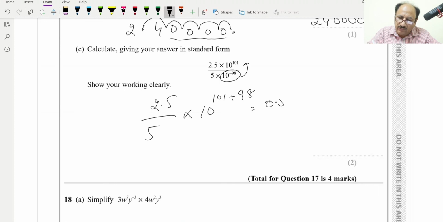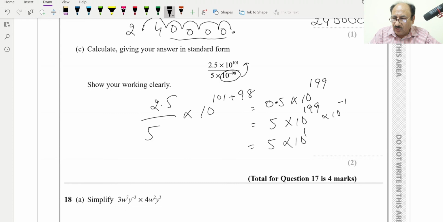So 0.5 into 10 raised to the power 199, and this decimal will move to the right, so it will be 5 into 10 raised to the power 199 into 10 raised to the power minus 1, because we are moving to the right, so it will be 5 into 10 raised to the power 198. This will be our final answer.